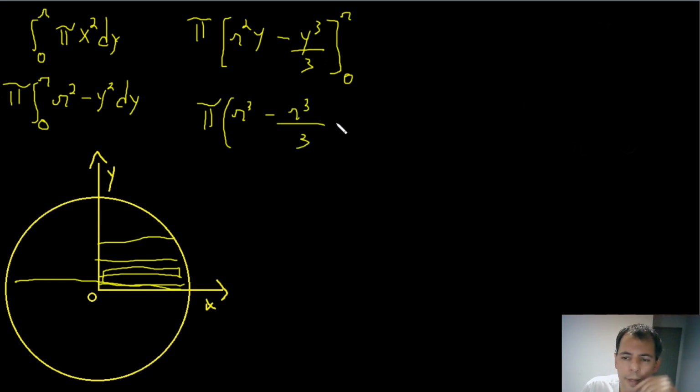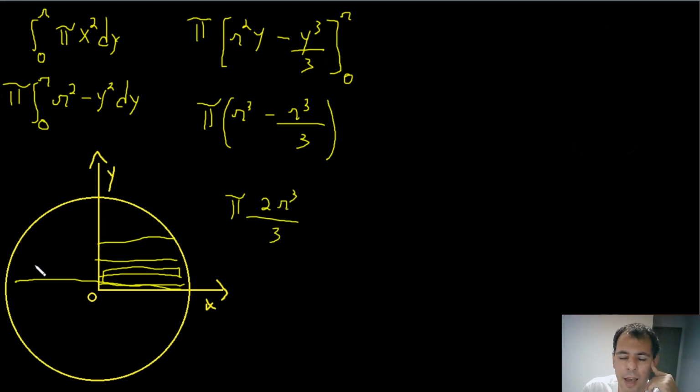Now, you have to plug in the 0 too, but plugging in 0 here just gives 0, and plugging in 0 here just gives 0, so don't worry about it. So what do we have here? We have pi times r cubed minus r cubed divided by 3, so it's 1 minus 1/3, which is 2/3. So it's 2 r cubed divided by 3.